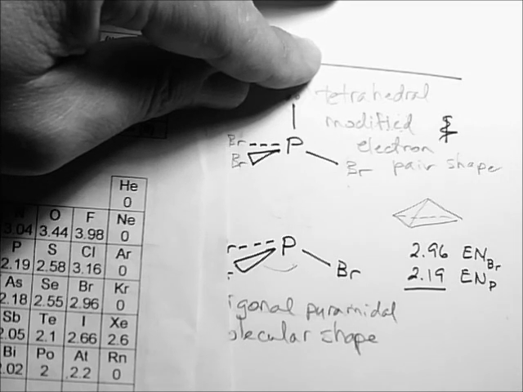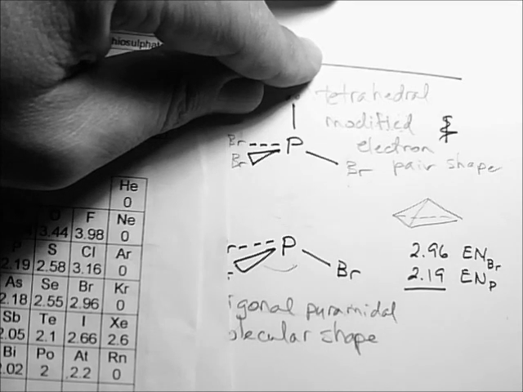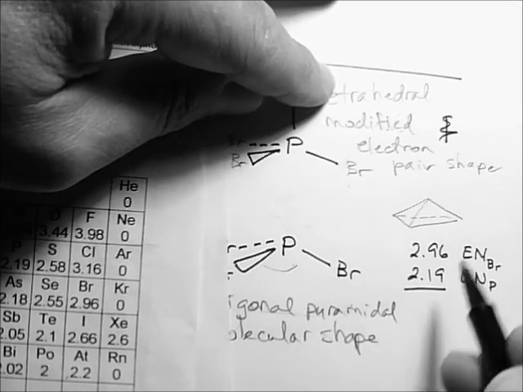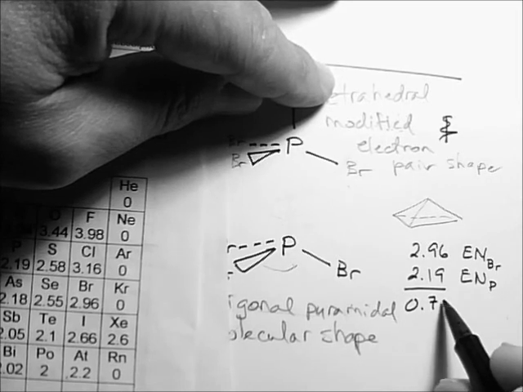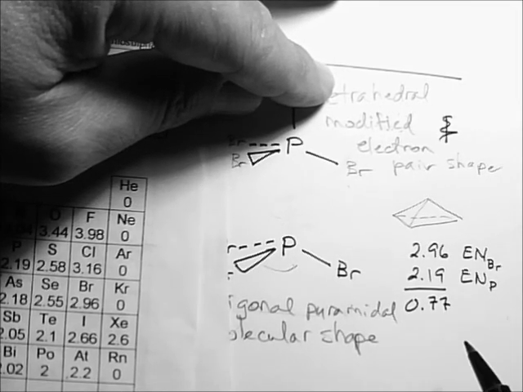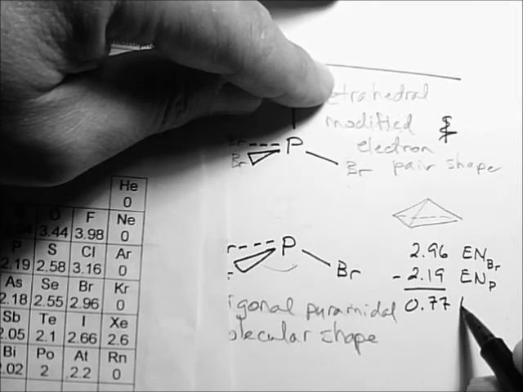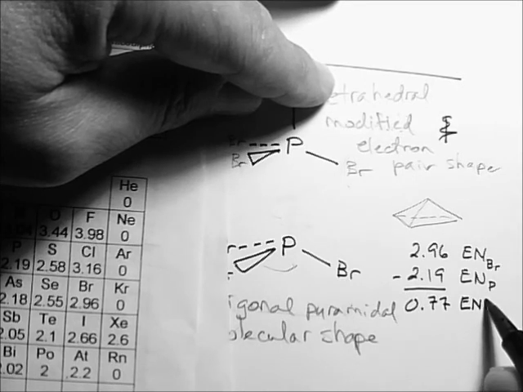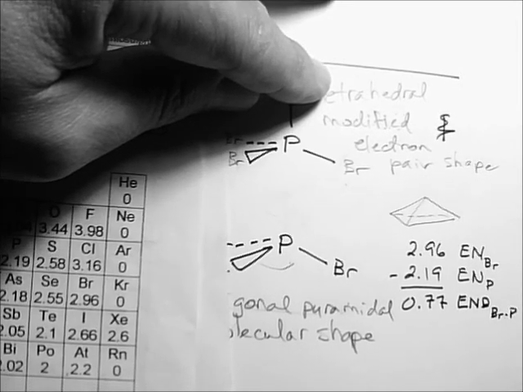So when we subtract this from this, what do we get? 0.77. So now that's the electronegativity difference for a Br to P bond.